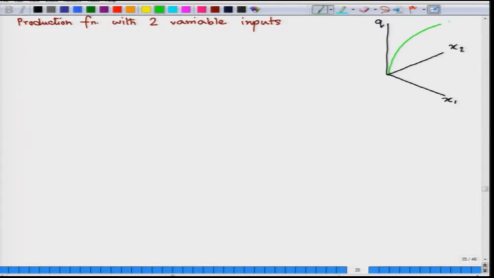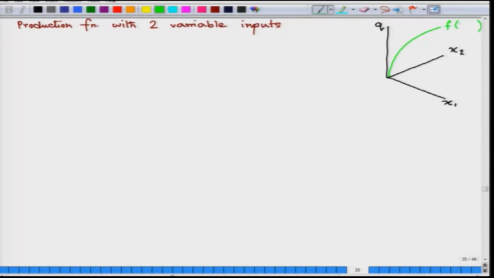Basically this will be f of x2 when x1 is given, and we can also draw a similar diagram for the production function from the origin with respect to the x1 axis this time, and we get f of x1 given x2. So, we can see that it is going to give us a shape like a dome or like a hill, right. The height of the hill from the level measures the volume of output.